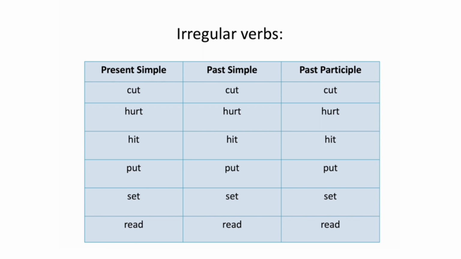Let's look at some examples of irregular verbs. Some verbs keep their infinitive form in the present simple, past simple, and past participle. Cut, cut, cut. Hurt, hurt, hurt. Hit, hit, hit.